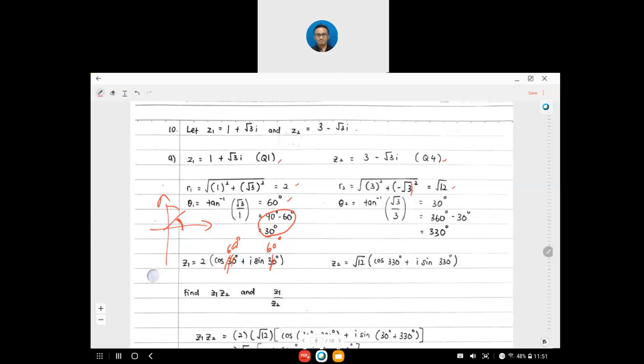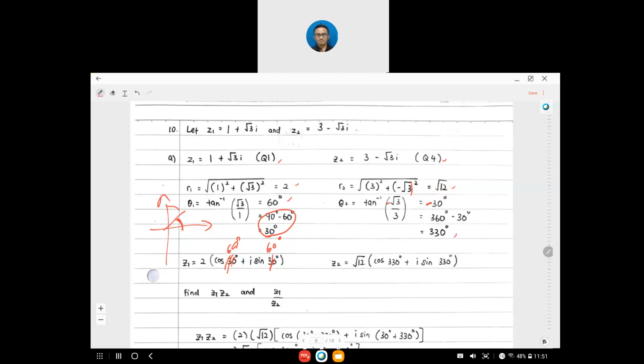Okay, so this one, if you press a calculator, here ada negative. So negative square root 3 divided by 3, and then tangent inverse. So you can get negative 30 here. Okay, negative 30. Sebab apa kita tambah 360? Sebab dia nak quadrant 4. So 330 lah. Ini betul dah.